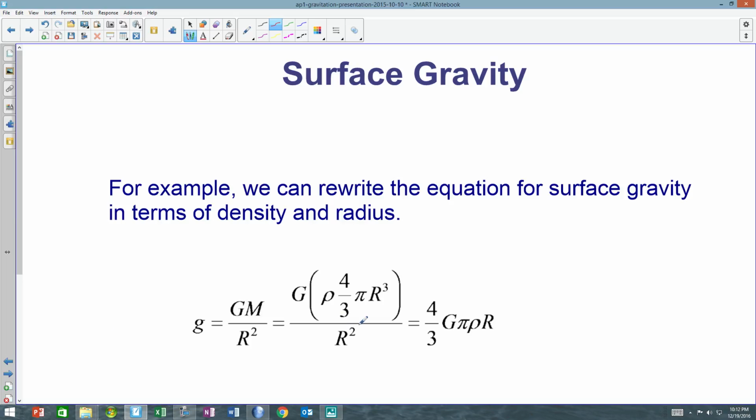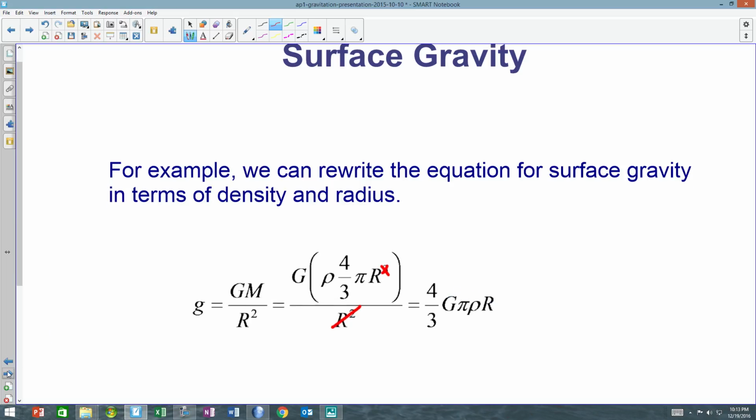Substituting that in, notice that the r squared here cancels out with r squared here, and we're then left with 4/3 G pi rho r. Where again, rho is the density, G is the gravitational constant, r is the radius of the planet, and pi is a math constant, 3.14.